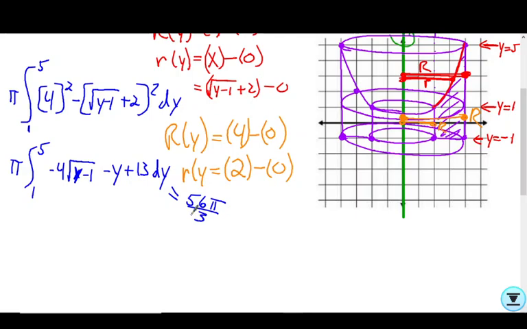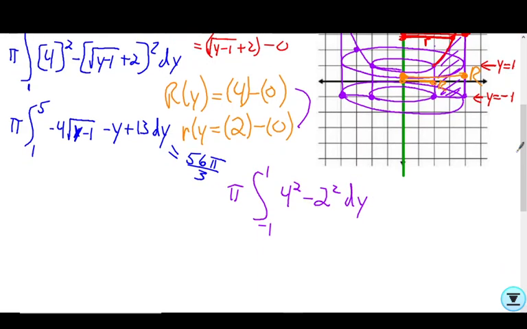Now the second part is the integral from negative 1 to 1, which ends up being just 4 squared minus 2 squared dy. That's pi times the integral from negative 1 to 1 of 16 minus 4, so 12 dy, which ends up being 24 pi. Then you add those two together, and it gives you your total volume.